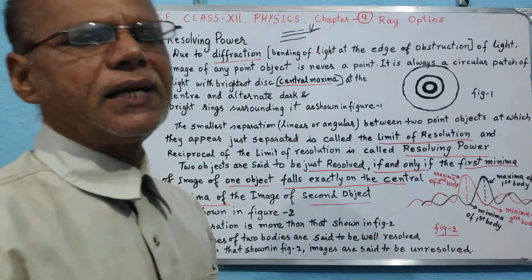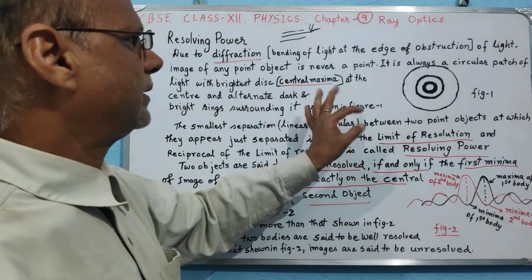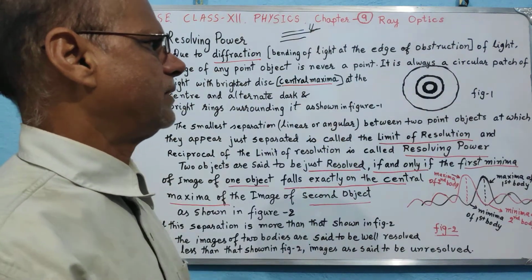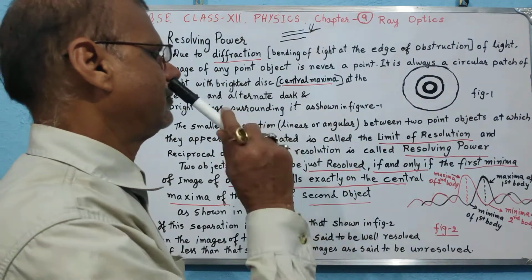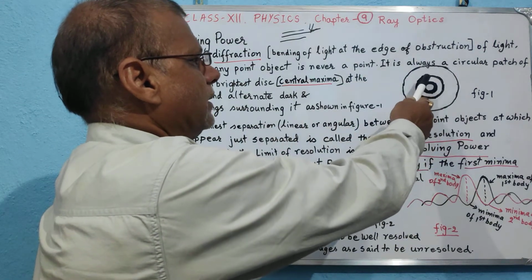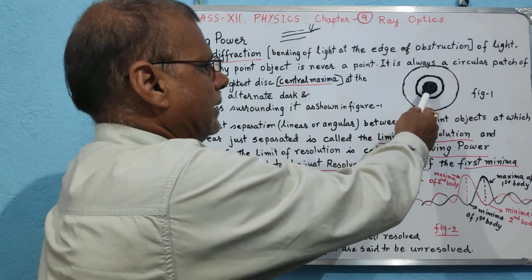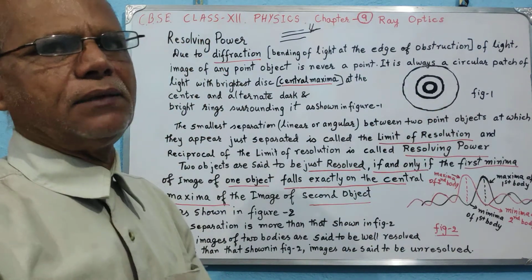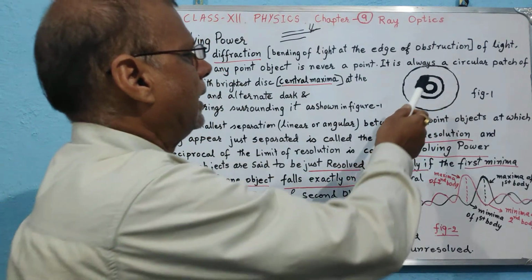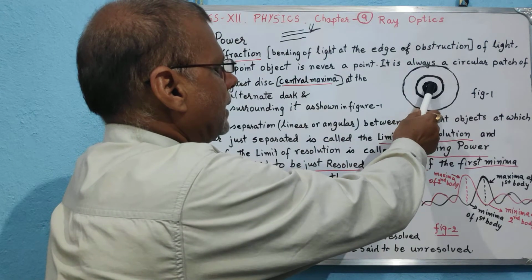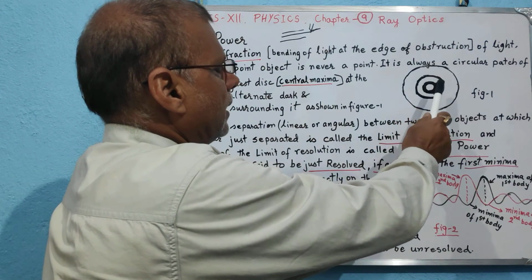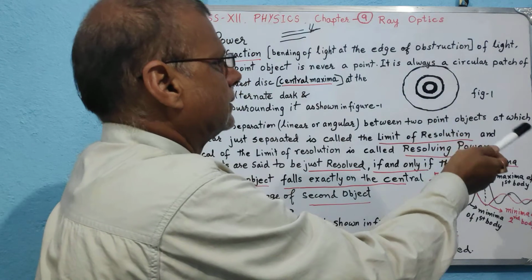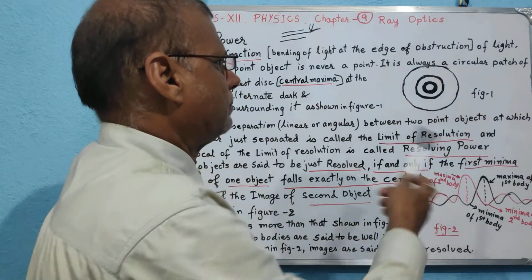Now, due to the diffraction we have just discussed, say for example we have a point-like object, then its image will be formed in the form of alternate bright and dark bands. Not a point-like image will be formed, and the central bright band is there, followed by alternate dark and bright bands.